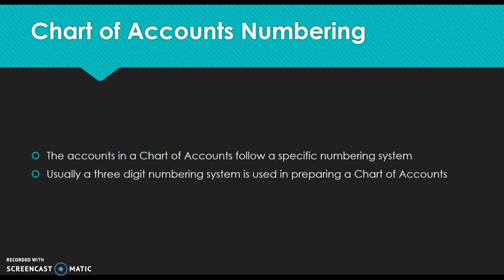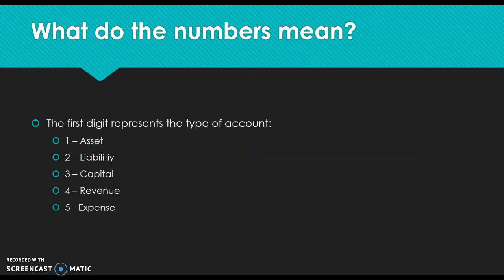Now, larger companies with more accounts may have 4 or 5-digit numbers just because they would need it. But normally, and especially with the companies that we're going to be dealing with in our class, we're just going to be using a 3-digit number. Now, the numbers mean something specific.